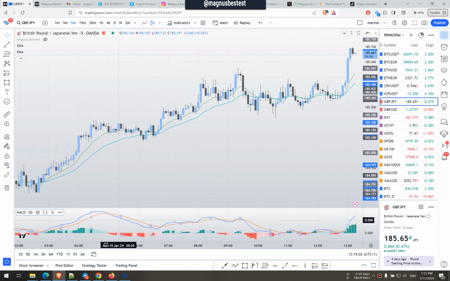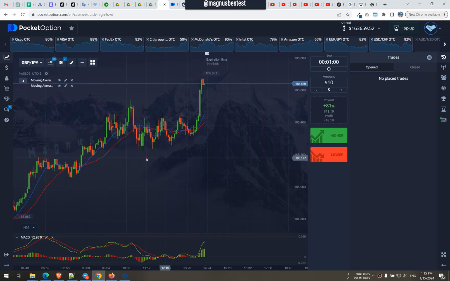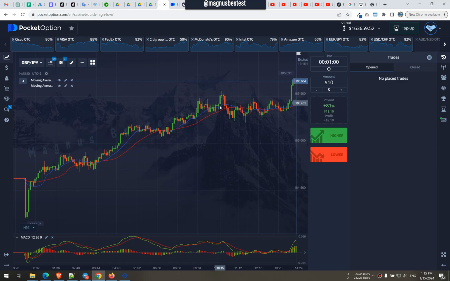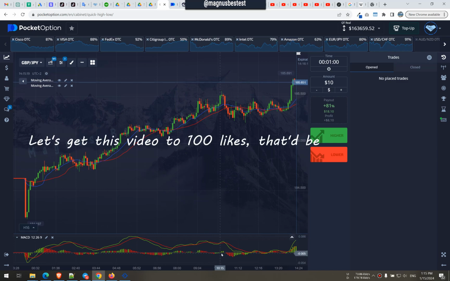Let's get back to Pocket Option, where I have the same chart here. So this is the green line. Now we understand those lines. The green line is the MACD line.